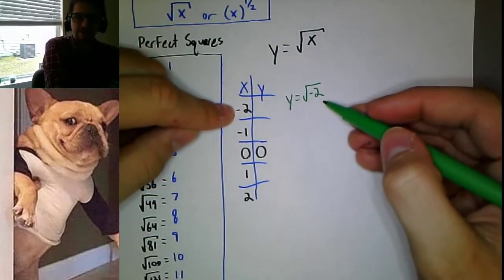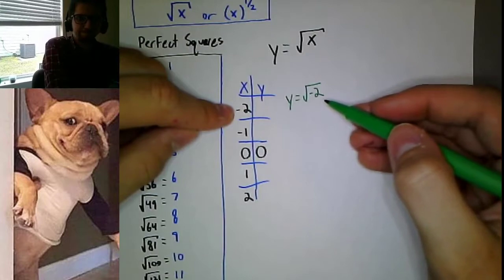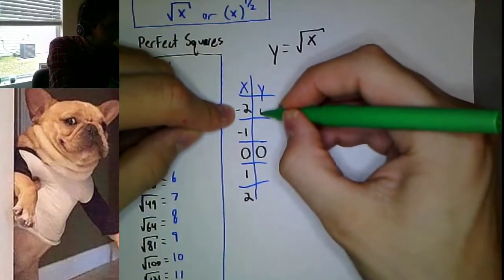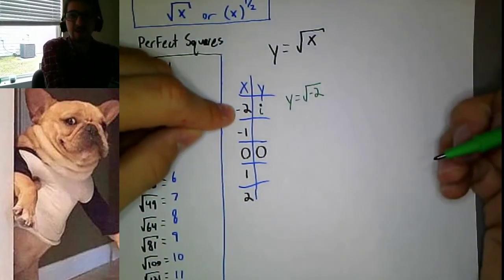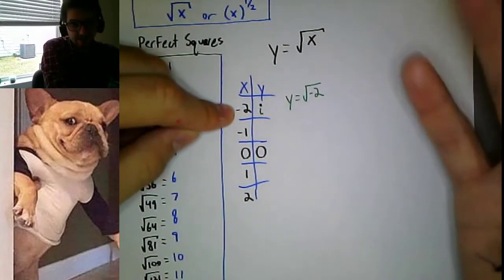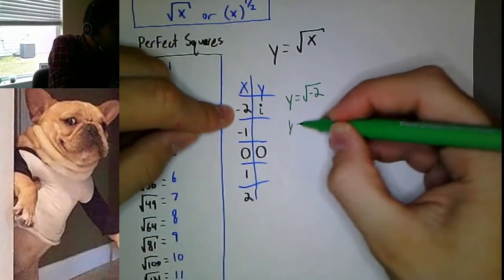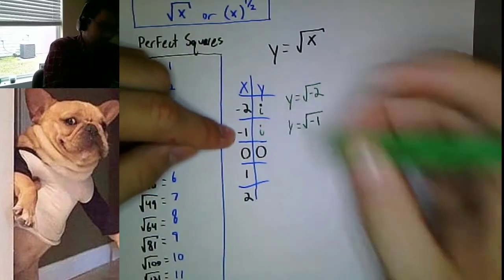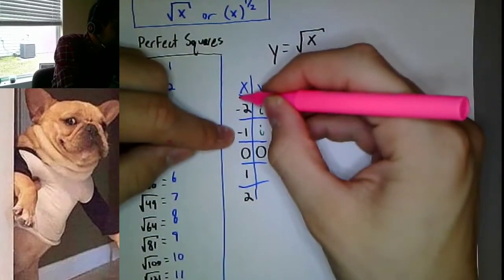What's the square root of a negative number? Well, if you don't remember, it's imaginary. Do you know where to graph an imaginary number? Because I don't. What if you tried y equals the square root of -1? The same.